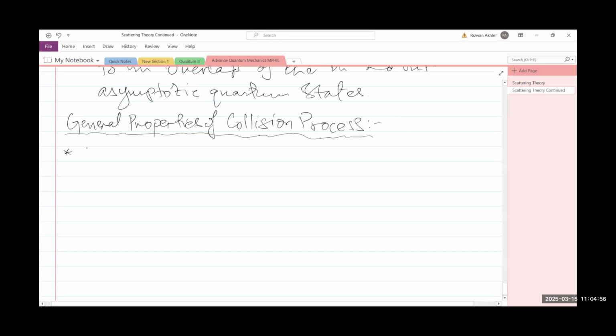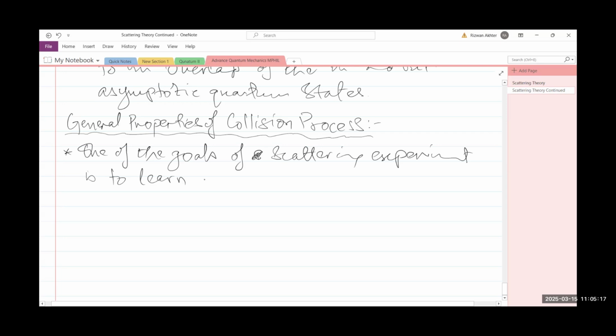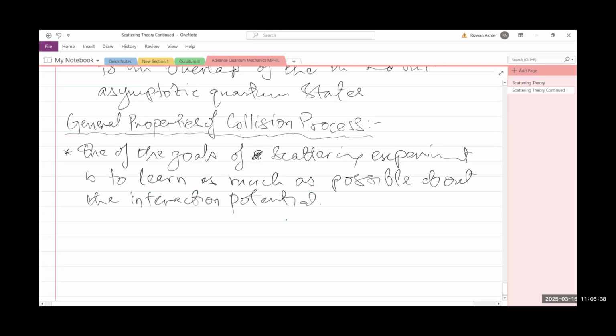So one of the goals of a scattering experiment is to learn as much as possible about the interaction potential. So that is the basic idea.